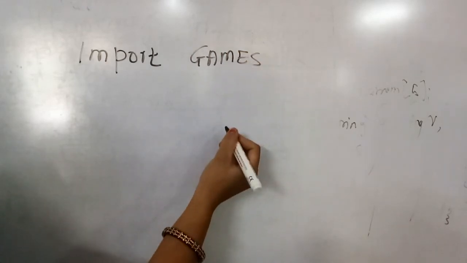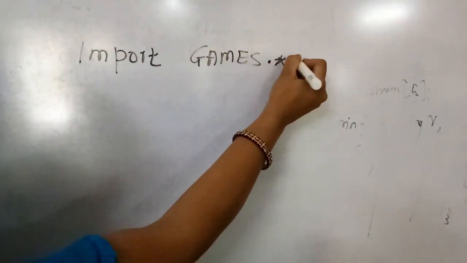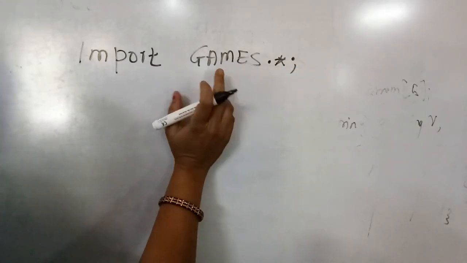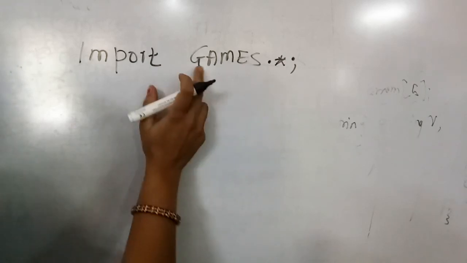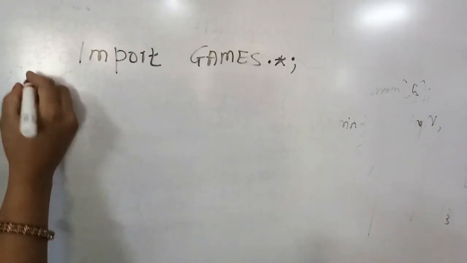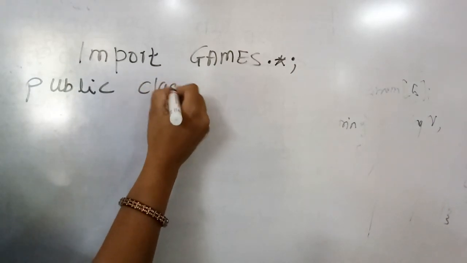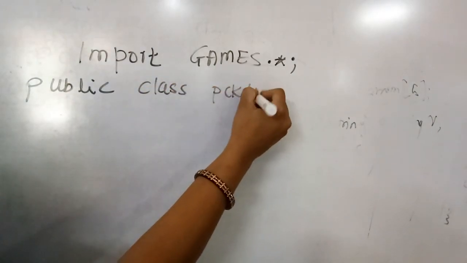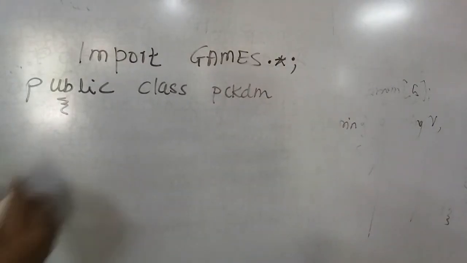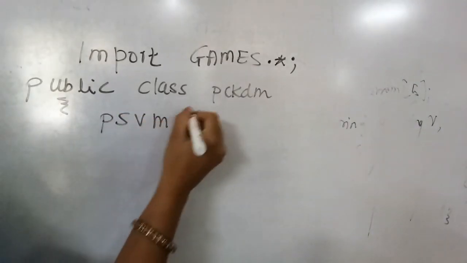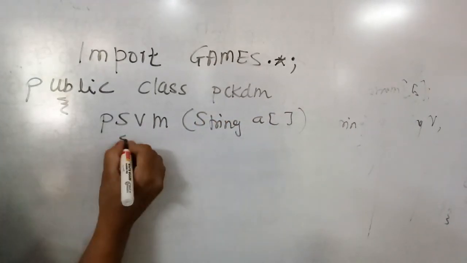Okay, for example games dot star, means dot star indicates it is importing both the indoor and outdoor classes as part of the package. Now we will create our public class, for example package demo, and next we will create the main method, that is public static void main, with string args in brackets.